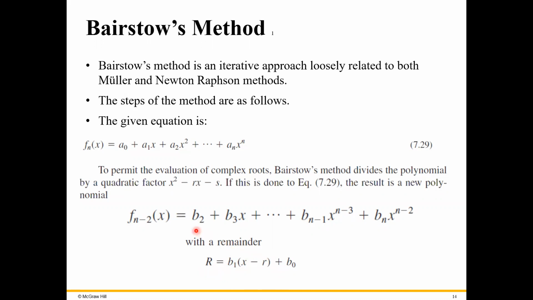Here you can see that this new polynomial is in terms of the coefficients b naught, b1, b2, b3, etc., and the original polynomial is in terms of the coefficients a naught, a1, a2. In the original polynomial we know the values of a naught, a1, up to an.